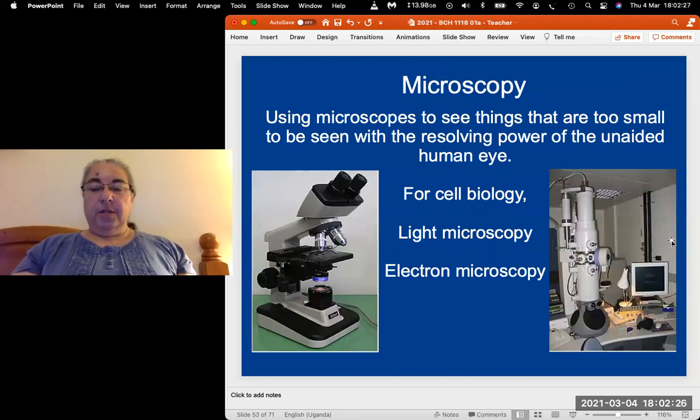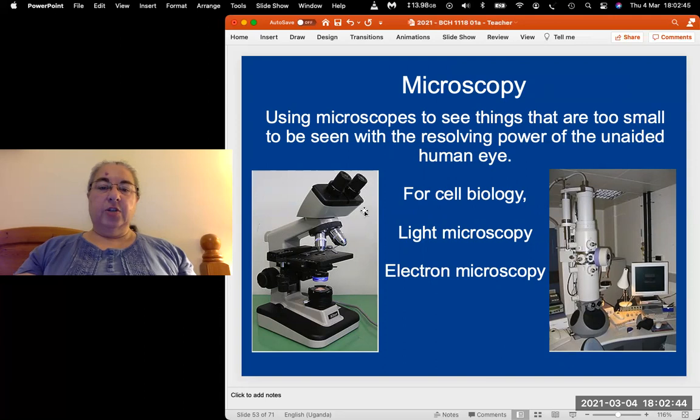Okay, so just to finish, I'm going to look at some microscopes and some cells seen through these microscopes. So just to help us to understand how we know about cells. So here is a picture of a light microscope.